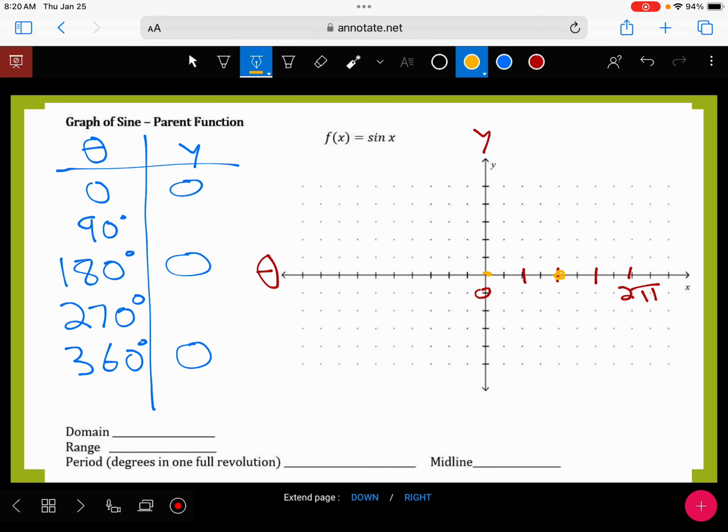And then finally, right above where it says 2 pi, that's the last place where we're going to mark that point. That point is 360 degrees for theta, and the y value is 0. And that's great. We're going to get more into the midline stuff later, but those 3 points we just plotted are going to be the midline of the sine function.